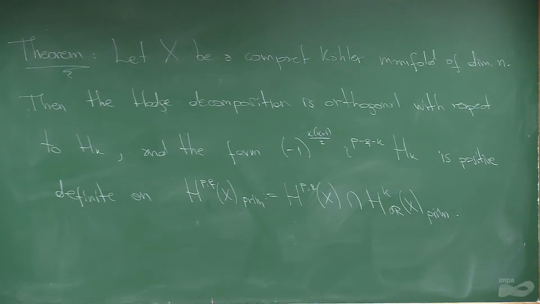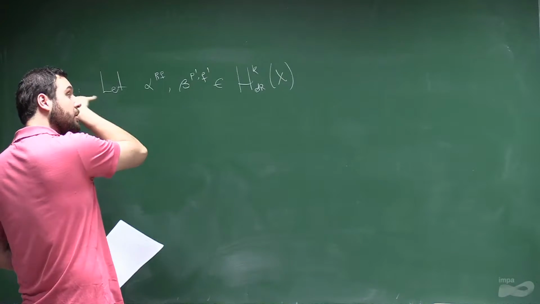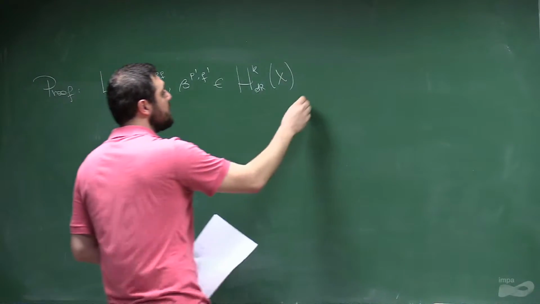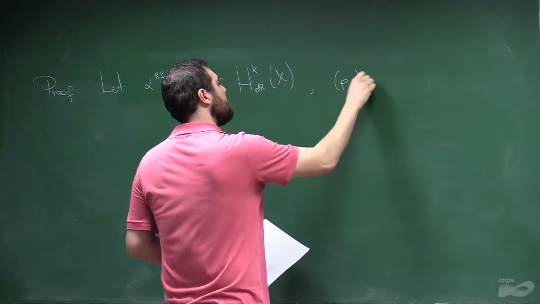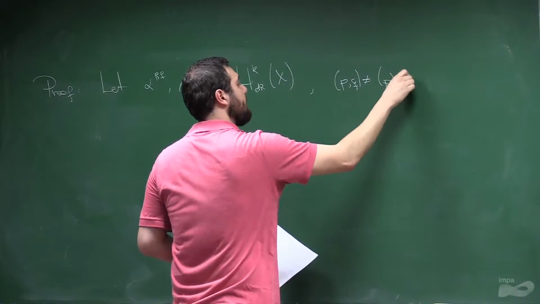Good. So proof, again, very simple. So let alpha of type (p,q), let's say beta of type (p prime, q prime), in H^k de Rham of X. It is in the (p,q) cohomology and the (p prime, q prime) cohomology, and we're assuming that (p,q) is different from (p prime, q prime).